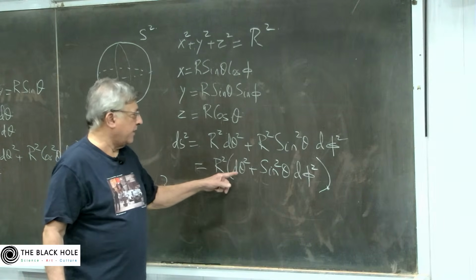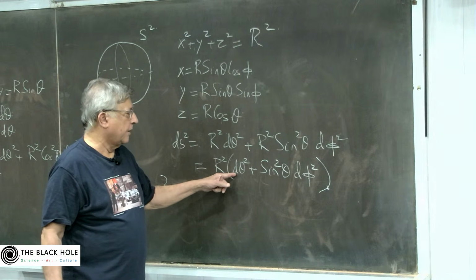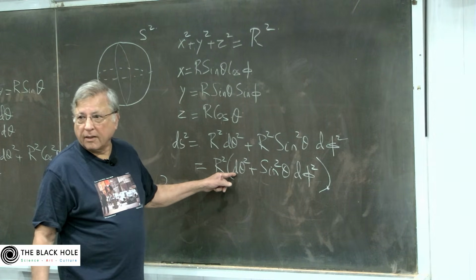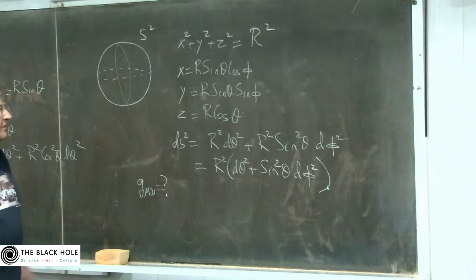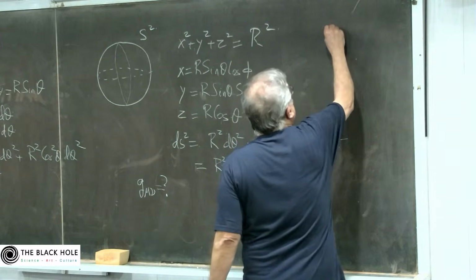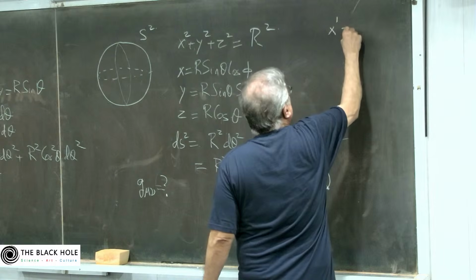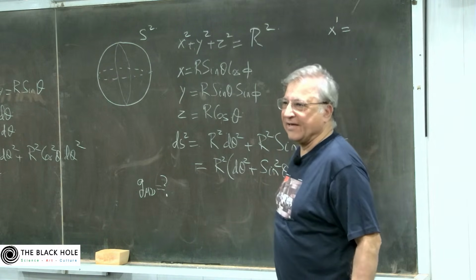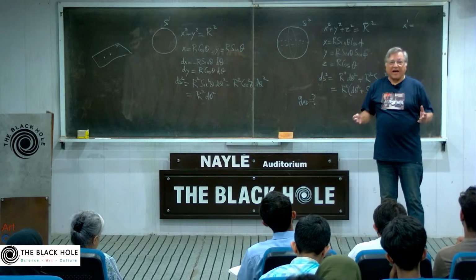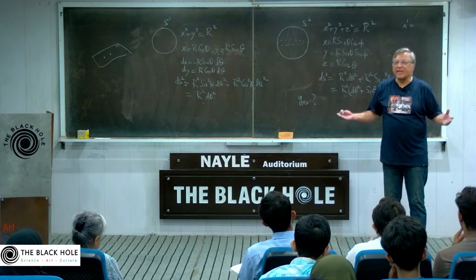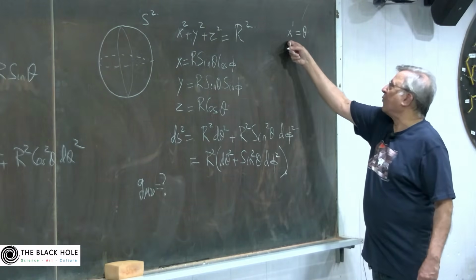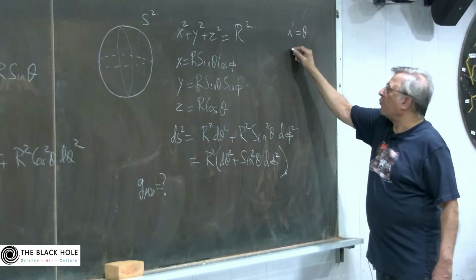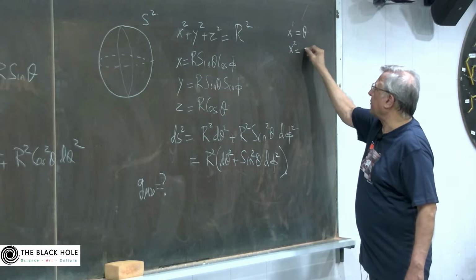Okay, first of all, what do I mean by x1 here? I mean a coordinate, right? X1 is theta, exactly. dx1 is d theta. And what is x2? Phi, absolutely.